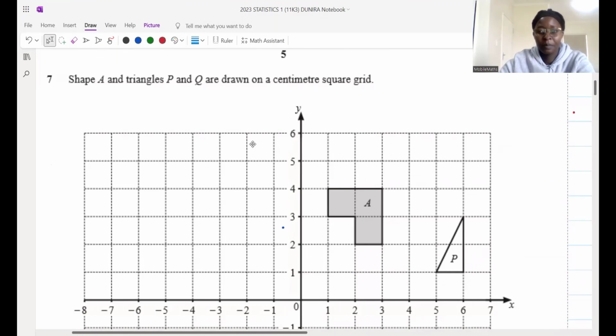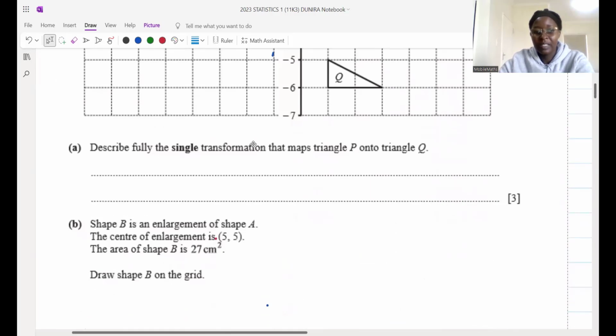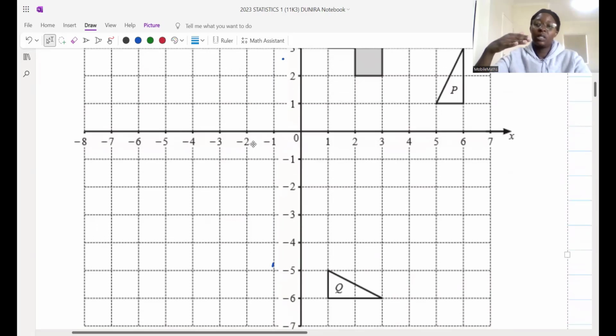Question number 7. Shape A and triangles P and Q are drawn on a centimeter squared grid. Describe fully the single transformation that maps triangle P onto triangle Q. Okay, fine. You see P is like this. When it goes like this, it will be rotating.